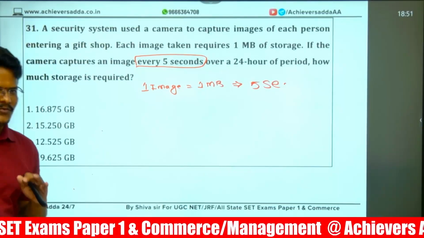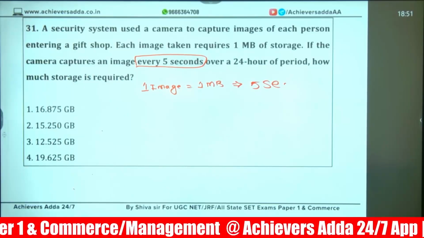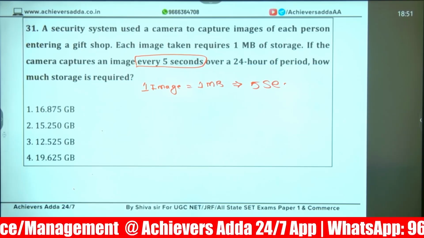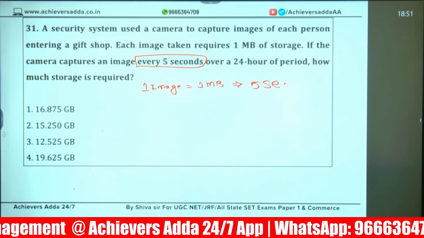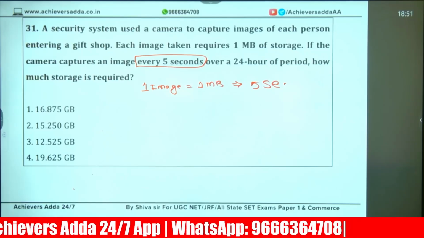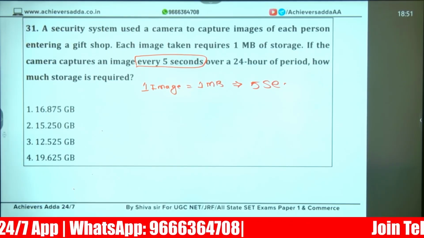Within the 24-hour time period, how much storage is required? That is the question. 5 seconds it is taking for one image.